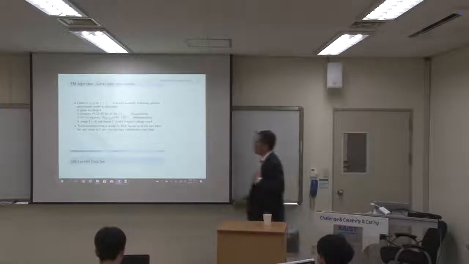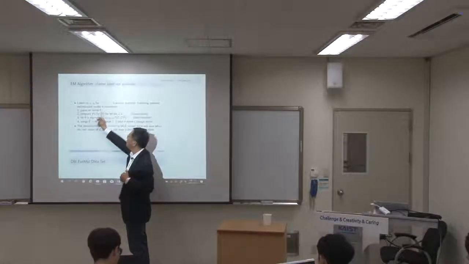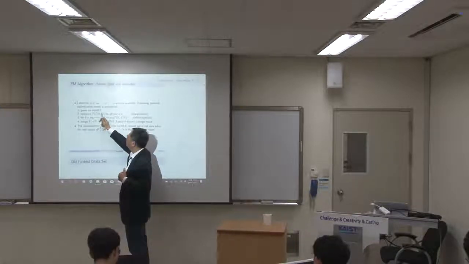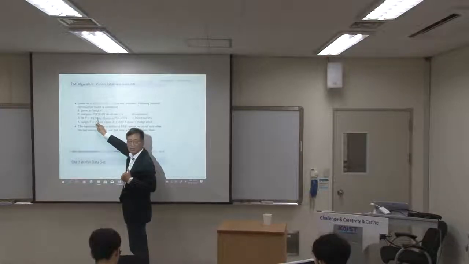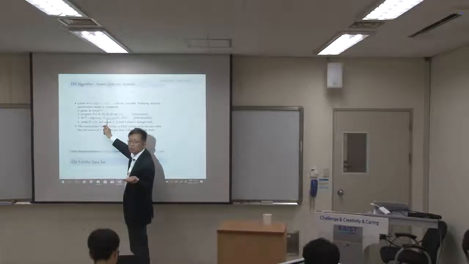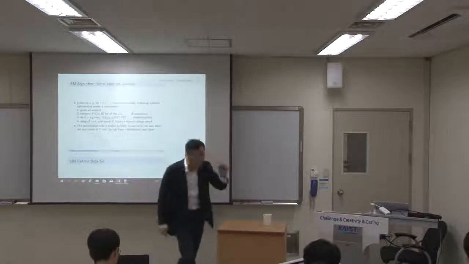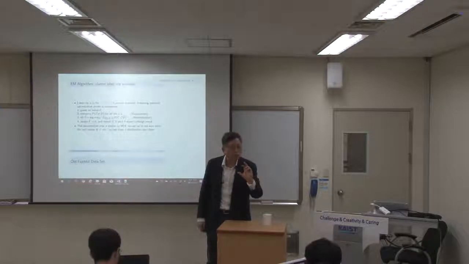You initialize to something. Based on that initial parameter, I have the data. So what am I calculating? The probability of the class. The probability of the latent variable. Which means that each one of the data points can be either red or blue.